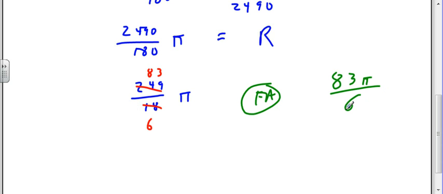Change back to degrees. Okay, so I'll move on to 14. And I have 12 pi radians. Well, if 2 pi is 360, then 12 pi is going to be 6 times 360.